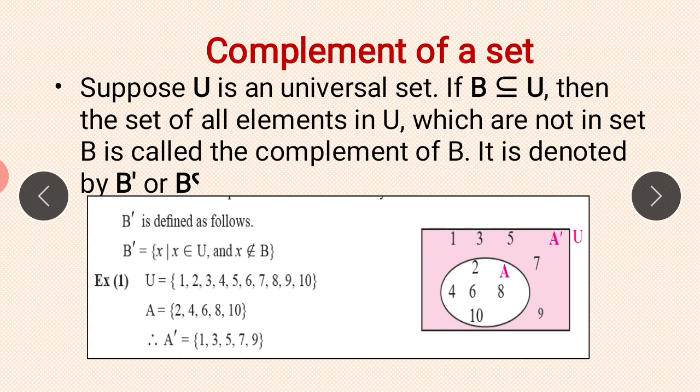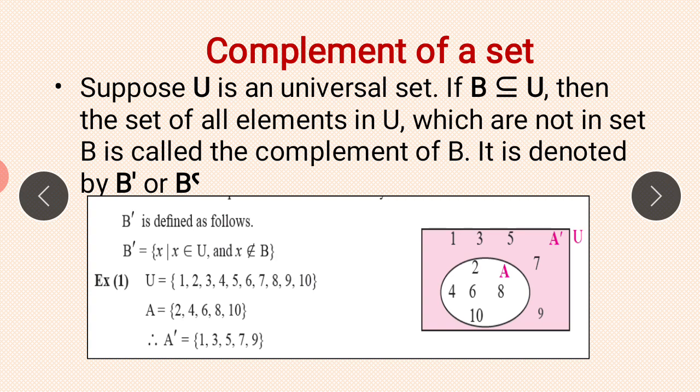And see here the Venn diagram of this complement of set. Universal set is again represented by a rectangle. Outside that rectangle you denote the capital letter U, which is the universal set. Inside of that draw one circle. In that circle denote the set A. Set A elements are 2, 4, 6, 8 and 10.